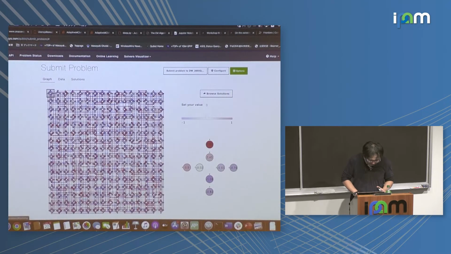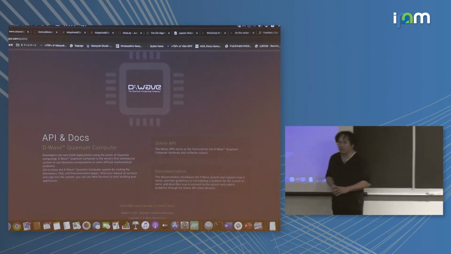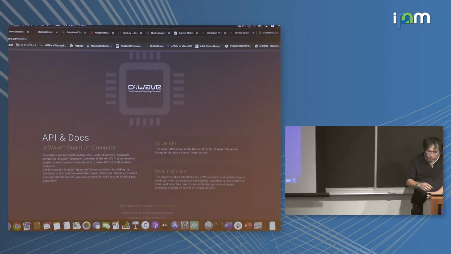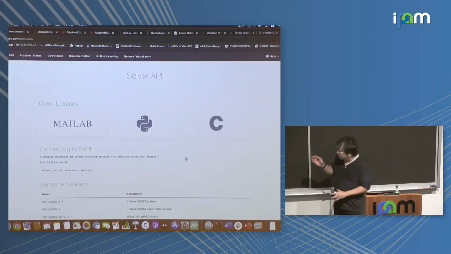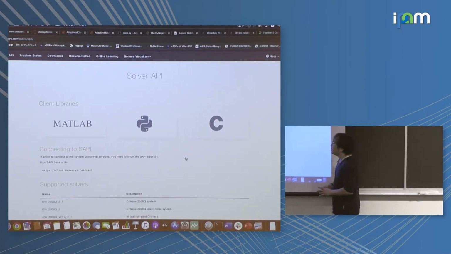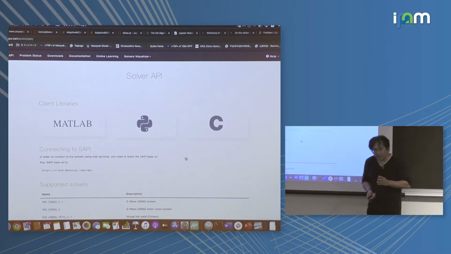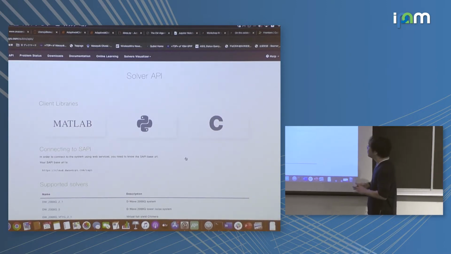the quantum annealing. So this is the login window of the D-Wave 2000Q machine. If you have an account for the D-Wave machine, you can log in. And we can write programs for quantum annealing with MATLAB or Python, or C++, like that.